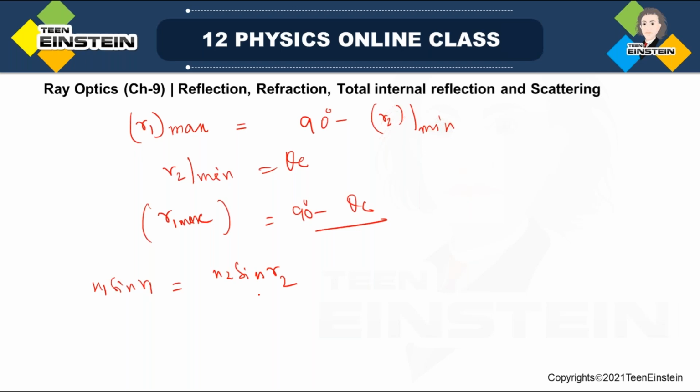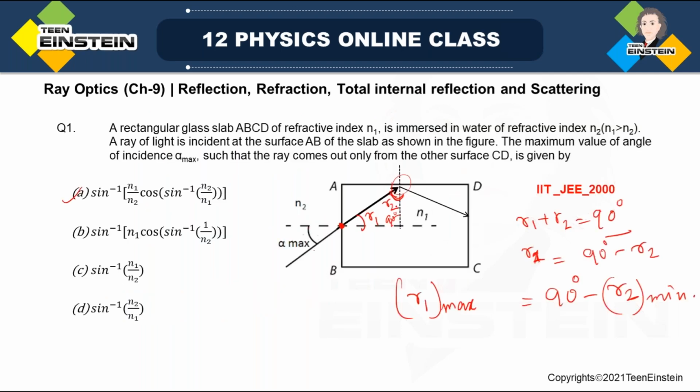So this is in general. This is the angle of incidence R1 and angle of refraction is R2. If that is the case, it will be sine R1, and this into sine theta c.